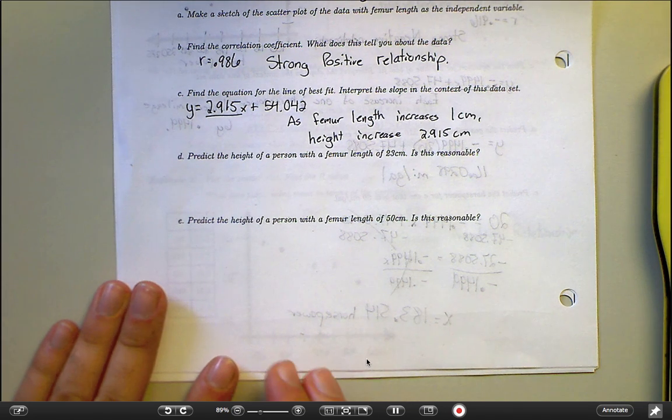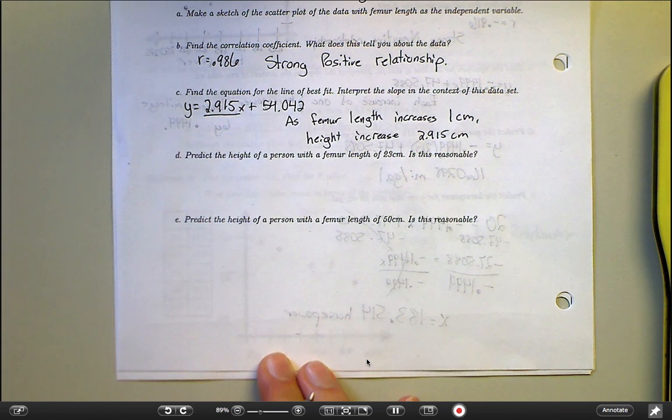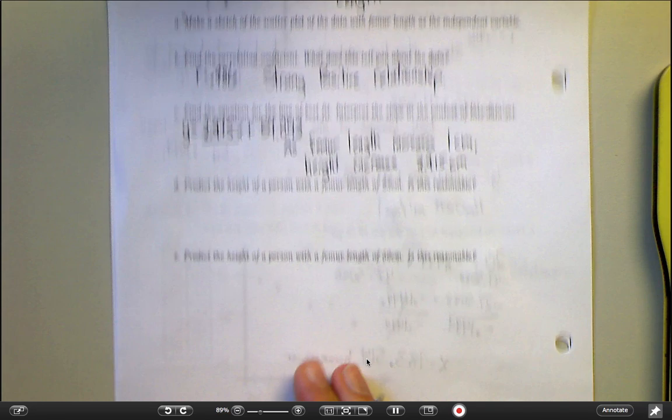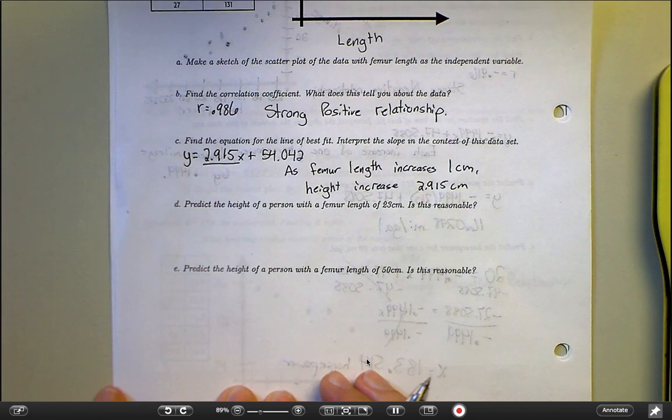That gives us a general idea of what that slope means. As I'm increasing 1 centimeter in that thigh bone, that person is getting roughly 3 centimeters taller.